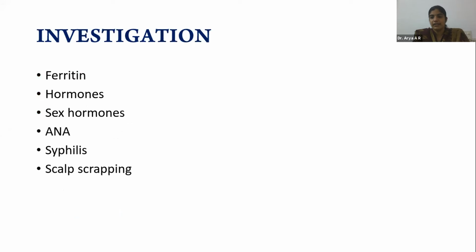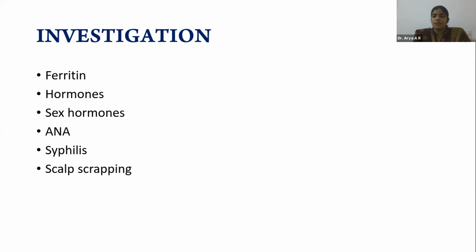Then investigation. These are the investigations we should go for in conditions of hair diseases. The first one is ferritin. Ferritin is very important in females; we should have a minimum of 80 of ferritin in females to have healthy hair growth. Then assessing hormones; thyroid hormone is very important. Thyroid plays a major role in hair growth and health of the hair.